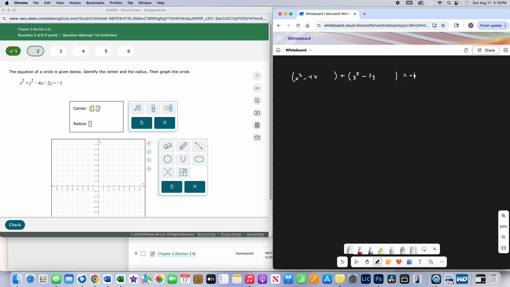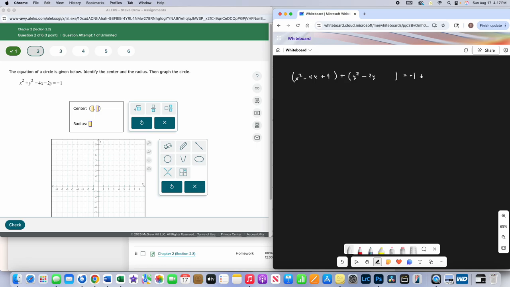All right, so when it's in this form, you want to group the x terms together and group the y terms together. And remember, you're going to have to complete the square. So you look at the number in front of x, that's a -4, so you half it, that's -2. -2 squared is 4. So remember, this term in front of the x, you half it and then you square it. So that's going to be plus 4.